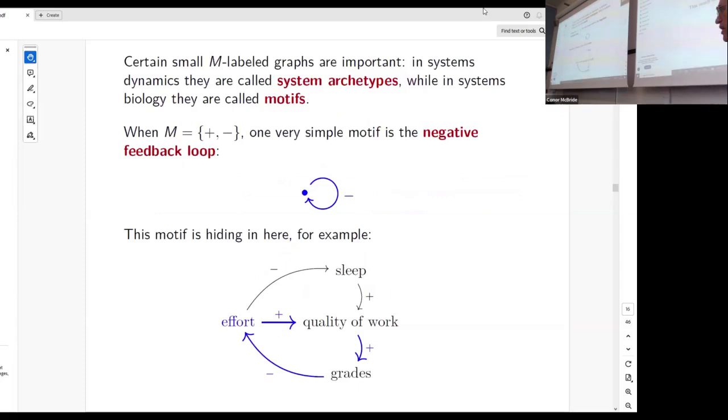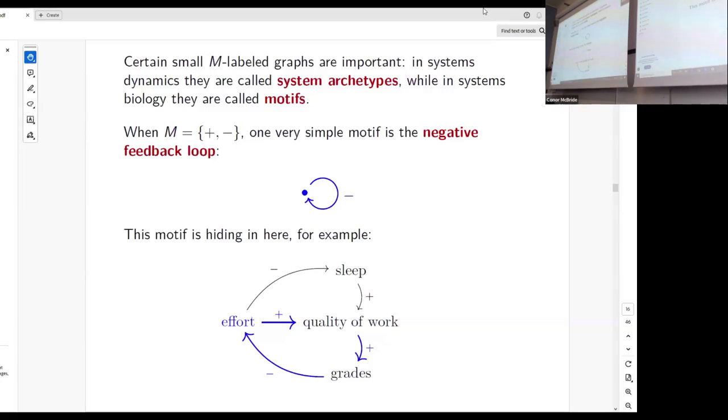So now, as we've already begun to see in an example, there will be certain small M-labeled graphs that are important, that come up a lot. And in systems dynamics, I mentioned they are called system archetypes. But it turns out that in systems biology, they study them as well, but they think about it in a somewhat different way, and they call them motifs.